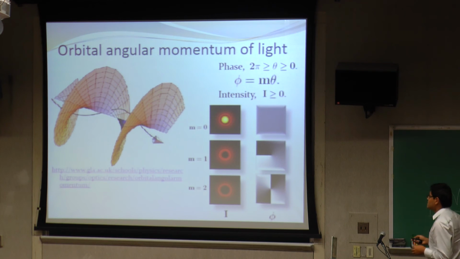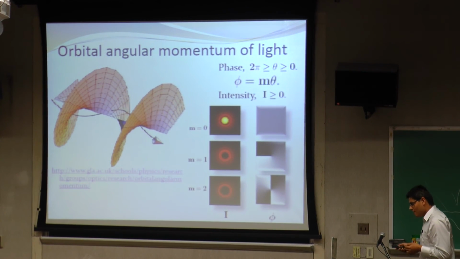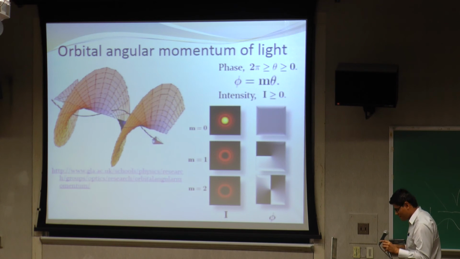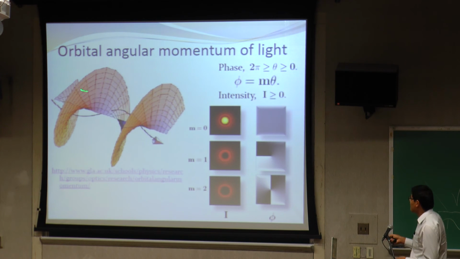The orbital angular momentum. This is the most typical wavefront with orbital angular momentum. The phase of the orbital angular momentum varies between 0 and 2π. The phase is mθ.